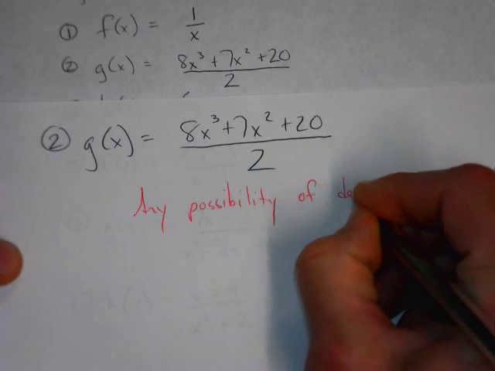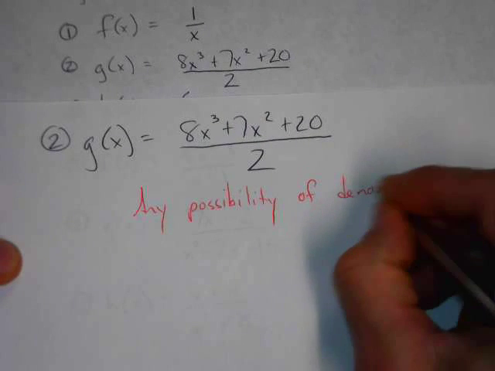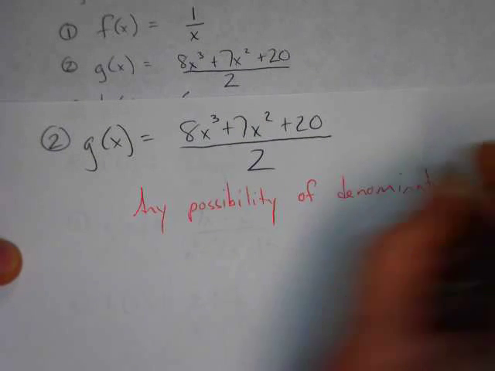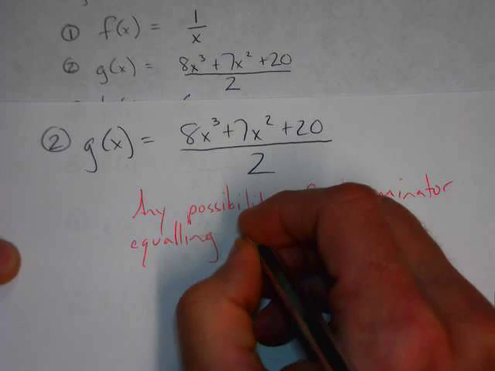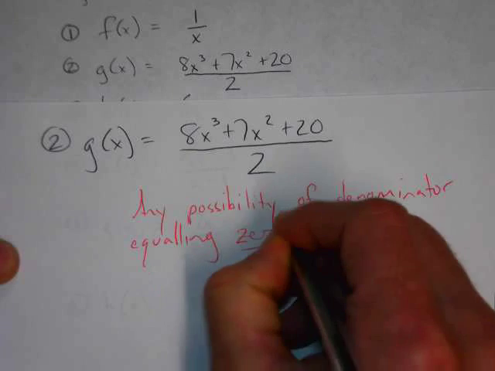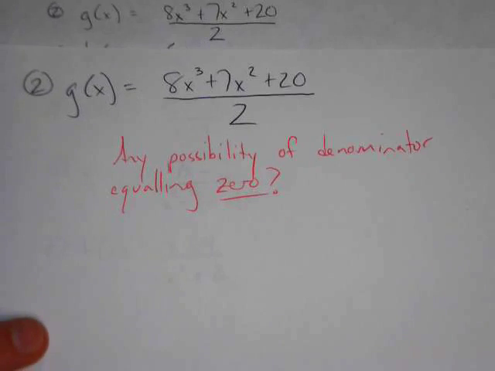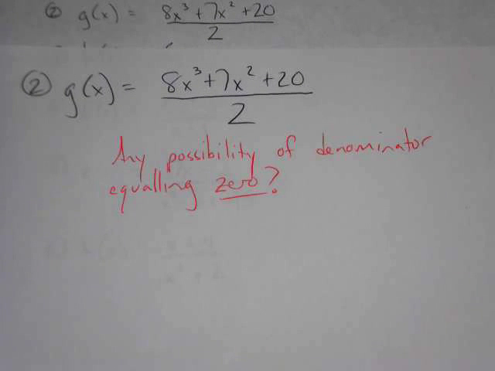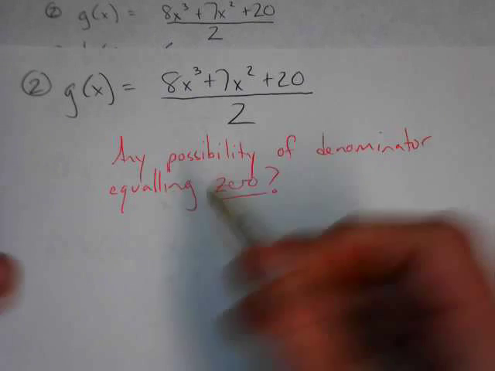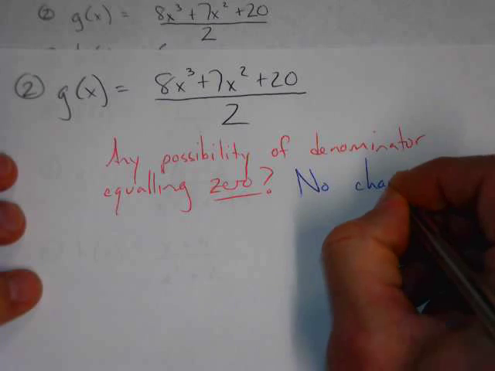When you look at this particular denominator, you might think, well, there's no variable down there. So there's actually no chance of the denominator equaling 0. Nope, no chance for that to happen.